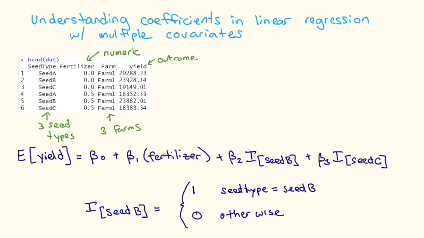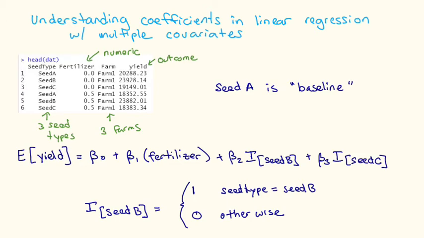So we're going to first start by looking at this linear regression, where I'm only going to put in the seed type and the fertilizer. I'm going to ignore the farm for now, and then the outcome is yield. You'll notice that we don't have a covariate for seed A in the model. That's because seed A is the baseline.